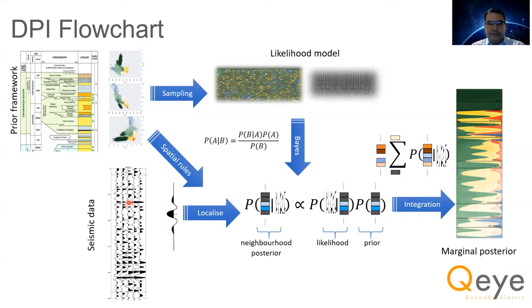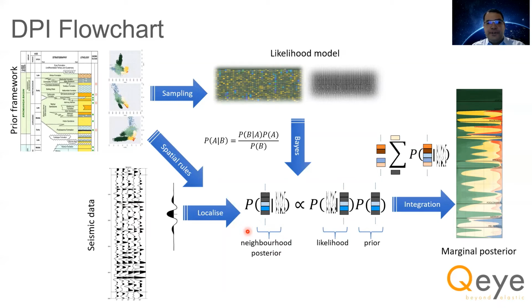So instead of trying to come up with a full sequence of the facies configurations that gave rise to the whole trace, we are going to break down the problem into finding what is the most likely facies configuration that would explain the data within one or two wavelets length.